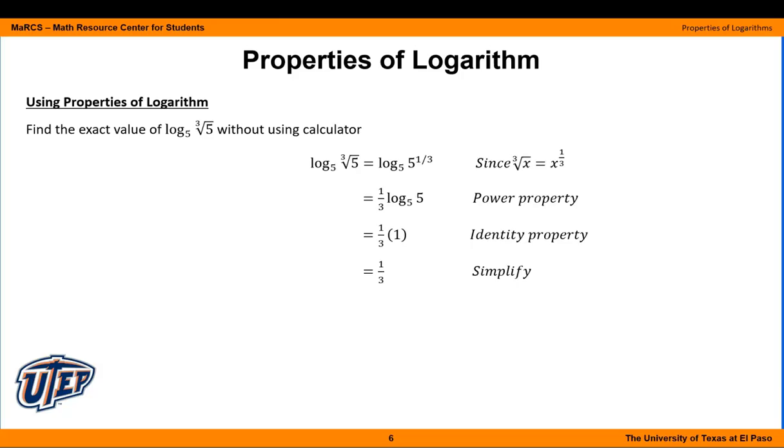So the log of base 5 of 5 raised to the 1/3, applying the power property, will give us 1/3 times log of base 5 of 5. And using the identity property, we know that log of base 5 of 5 is equal to 1. So we get 1/3 times 1, which simplifies to 1/3. So the exact value is 1/3.